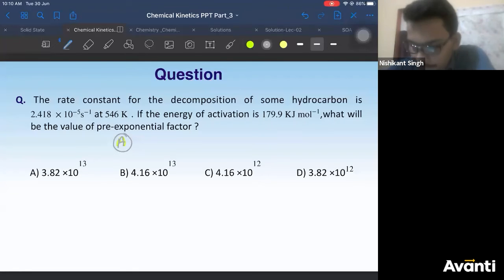You can use it. Or else exponential, whatever you want, you can calculate it from scientific calculators. The calculation is lengthy, so please do it carefully.